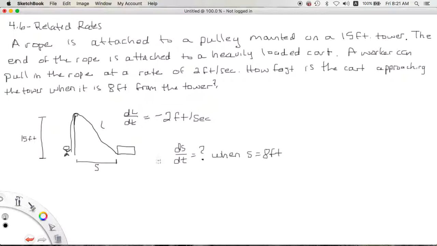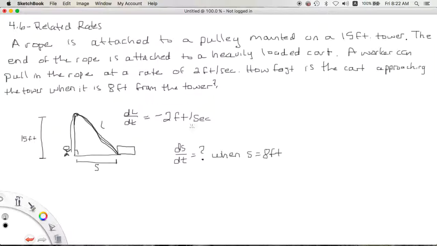Now, what we need is an equation that relates what we know here. Well, we've got this S, and we've got this L, and we've got 15, and if the picture was drawn a little bit better, you would see that this is a right triangle.